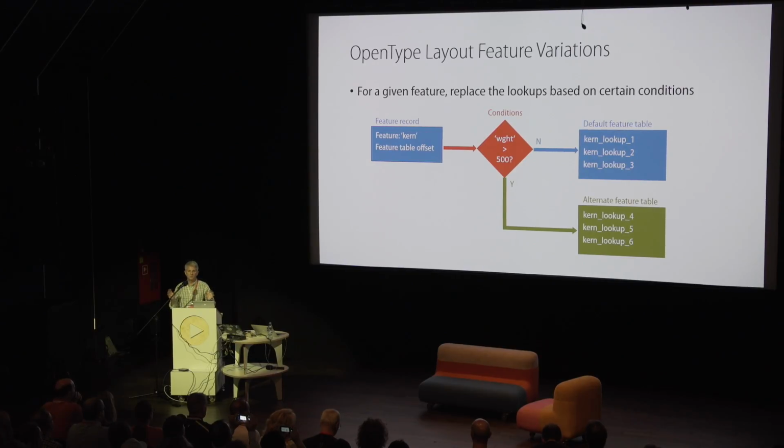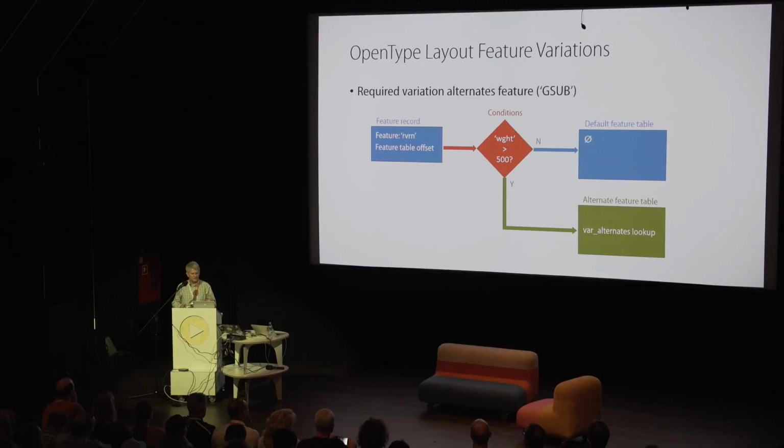You can use these for any GSUB or GPOS features. And so, for instance, you could decide, I'm not going to create certain ligatures when I'm in a certain region of the variation space. But we've also defined a specific feature, the required variation alternates feature, as a GSUB feature where you would just do single substitutions. This is effectively the equivalent of, if I wasn't implementing a variable font but had separate, completely independent static designs, they would have had different structures.